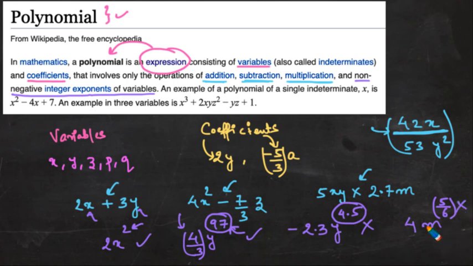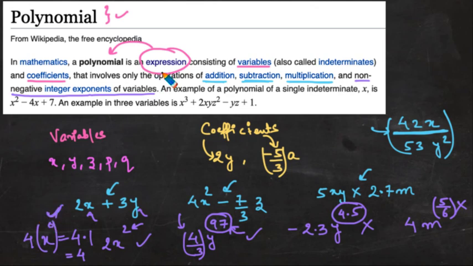The only thing accepted is that the power of the variable should be a non-negative integer. It can be something like 4x to the power 0, which is actually equal to 4, because any variable to the power 0 is always equal to 1. So 4 times 1 is actually 4. This is also acceptable because 0 is non-negative.